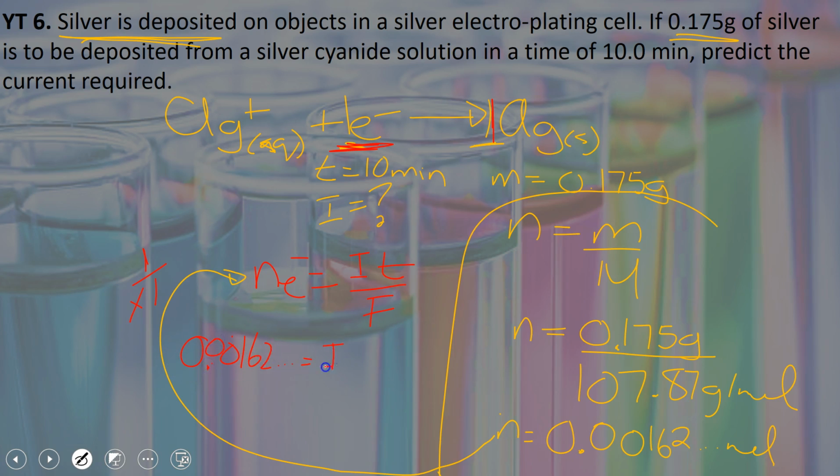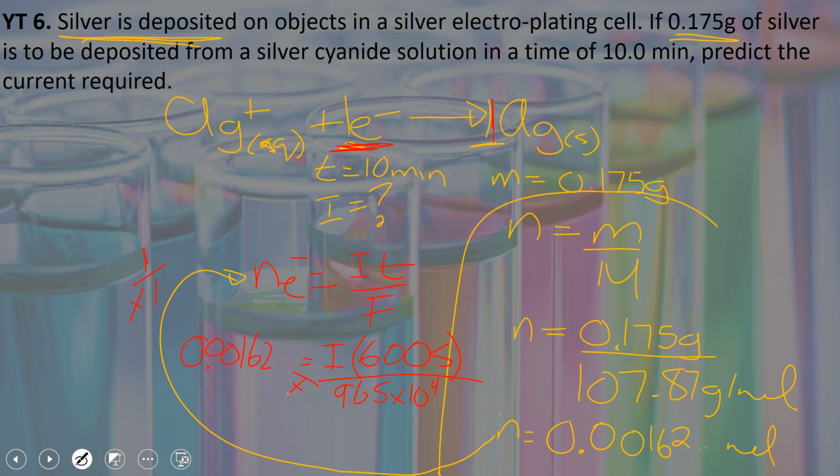So I'm trying to find the current in 10 minutes, which would be 600 seconds. 600 seconds over Faraday's constant, so 9.65 times 10 to the 4. And so I would cross multiply there, and then divide by 600.